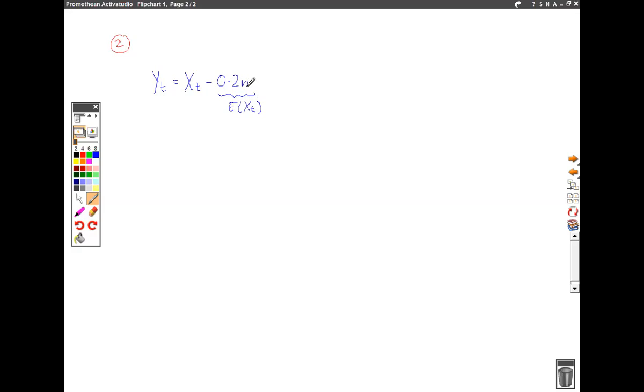And now if you write yt, what will be yt now? If you take expectation of yt, it will be expectation of xt minus 0.2n, which is 0 because expectation of xt is in itself 0.2n. So now you see that the expectation just became a constant, right?